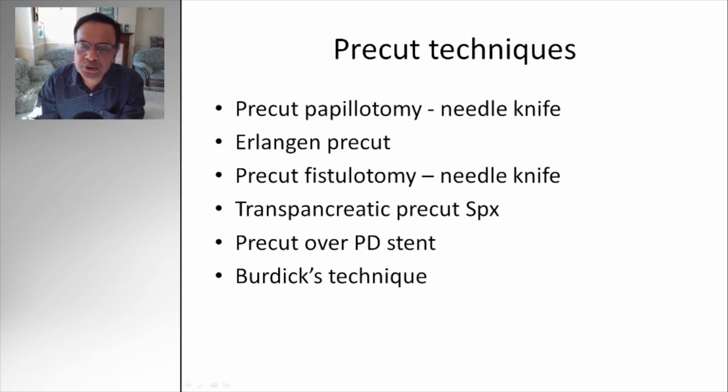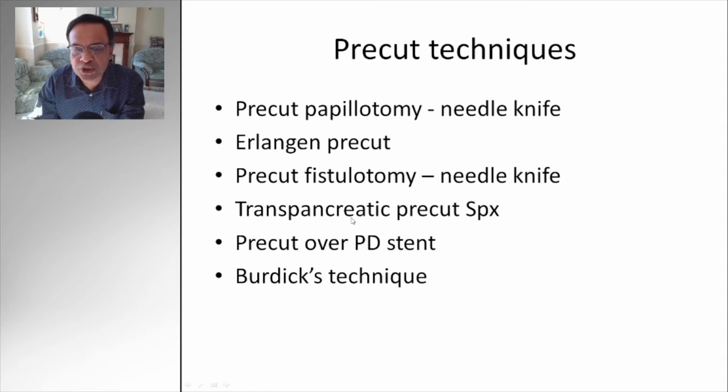This brings us to the various Precut techniques, and these techniques are summarized in this slide. First, we have Precut papillotomy using a needle knife. Then the Erlangen Precut, which employs a short-nosed sphincterotomy. Thirdly, we have Precut fistulotomy using a needle knife.